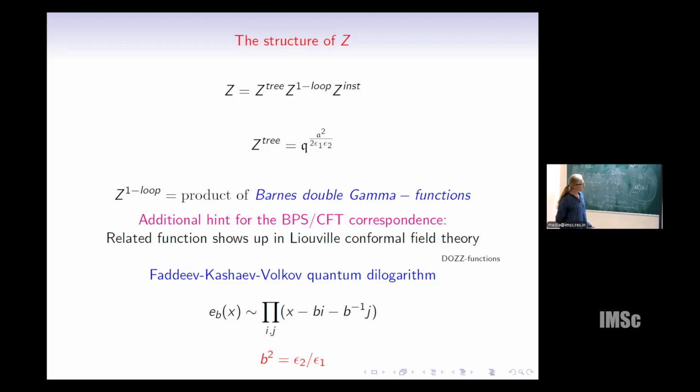And this is, roughly speaking, the function which has a two-dimensional lattice of zeros or poles, depending on how you regularize it, where b here is the parameter in Liouville theory, and it's related to these angles epsilon 1, epsilon 2 through the ratio.